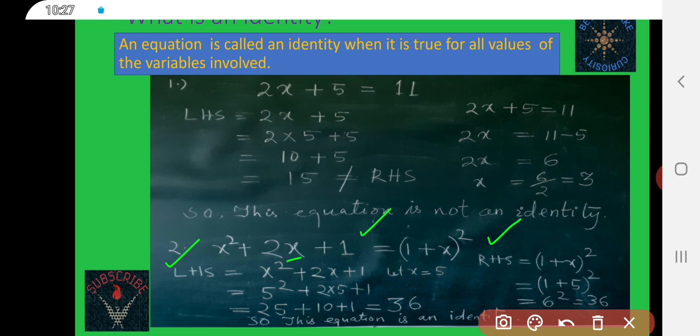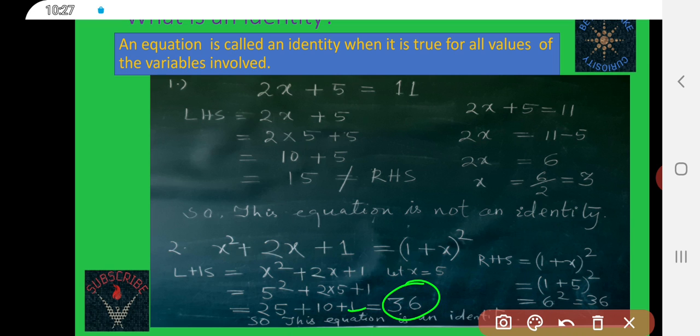So take any value randomly, suppose x equal to 5. Put 5 square plus 2 into 5 plus 1. Then 5 square is 25, 2 into 5 is 10, and 1 remains the same. So 25 plus 10 plus 1 is 35 plus 1, which is 36.